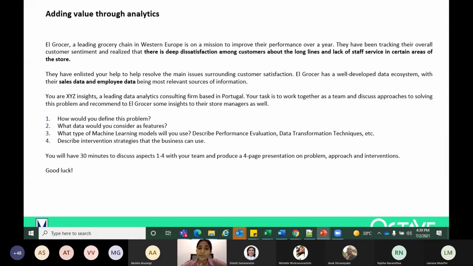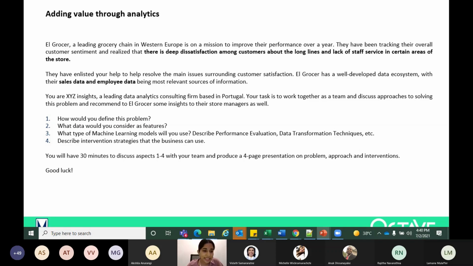If you look at it that way, this will be one whole problem that you will be trying to solve in this use case. Okay, so they have enlisted your help to resolve the main issues surrounding customer satisfaction. And El Gracia has a well-developed data ecosystem, so they have abundant data sources with their sales data and employee data being the most relevant sources of information.